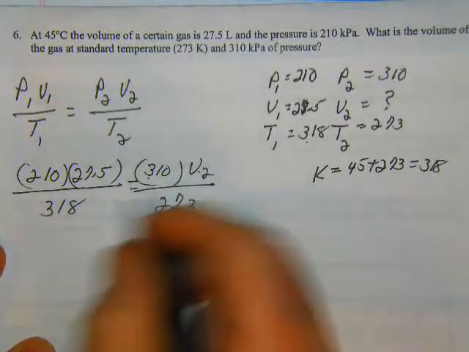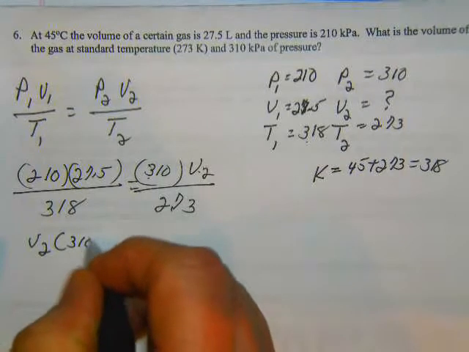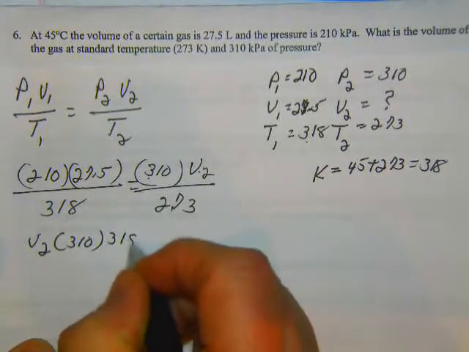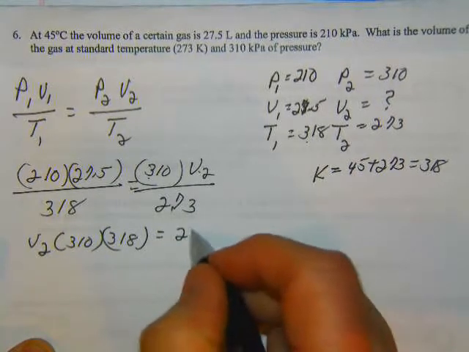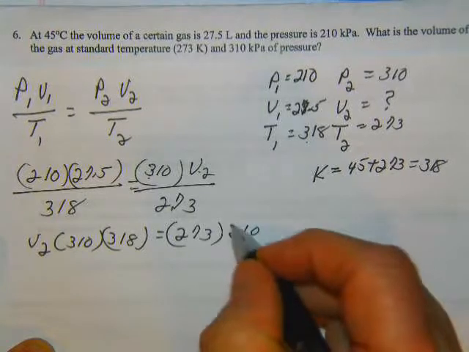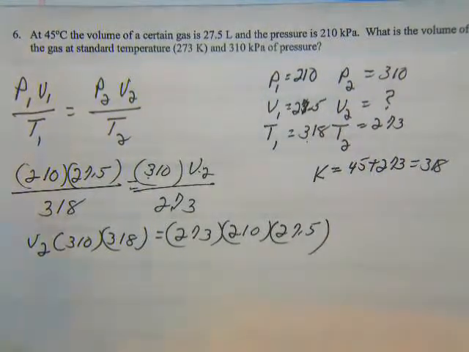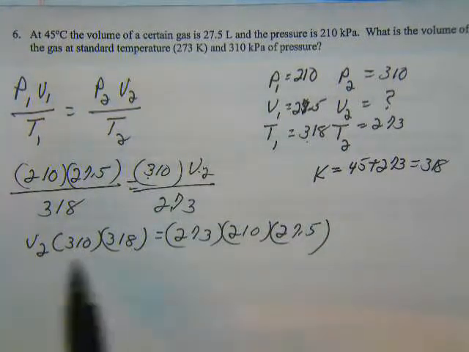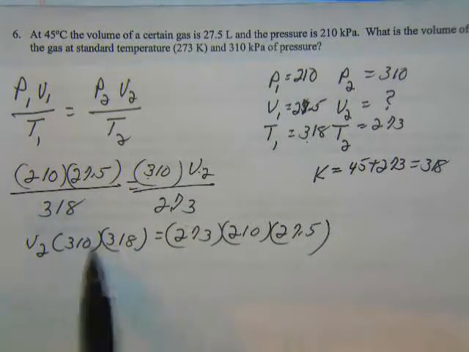So you'd have V2 times 310 times 318 equals 273 times 210 times 27.5. I'll let you do the math on that, and you'd have this quantity divided by this quantity.